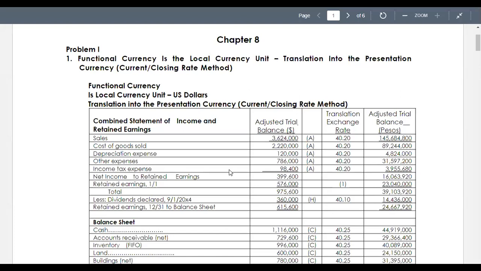The beginning retained earnings balance is set equal to the ending balance of the prior period. So the retained earnings at the beginning of the present period should be stated at an amount equal to the ending balance of the last period, meaning the ending balance of the previous year or period.